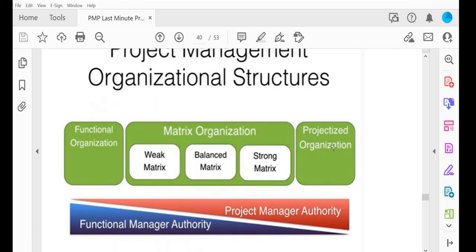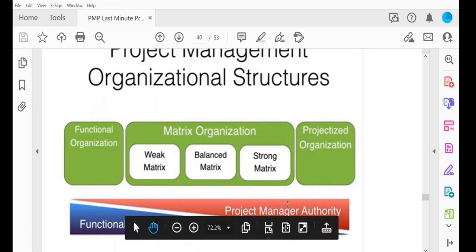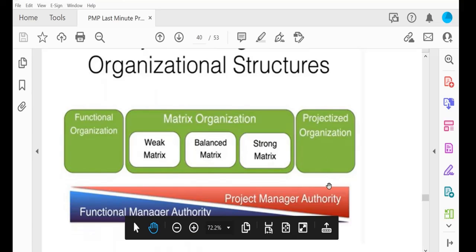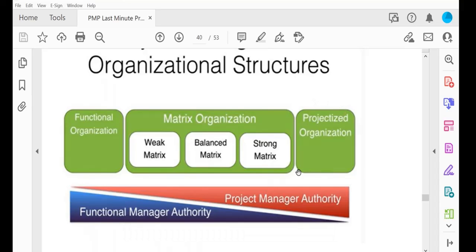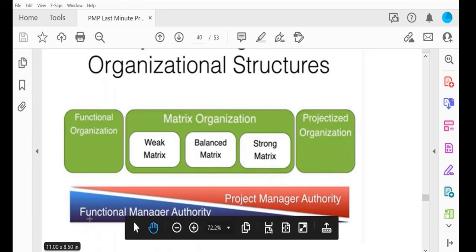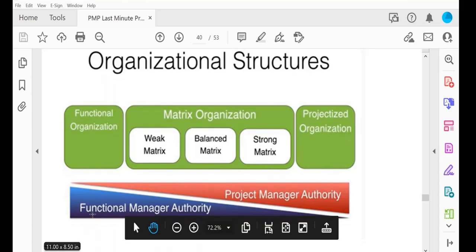So when the organization is project oriented, the project manager's authority is stronger here and less in the functional organization. This is the power level. And on the contrary, functional manager authority is stronger in the functional organization and weak here.